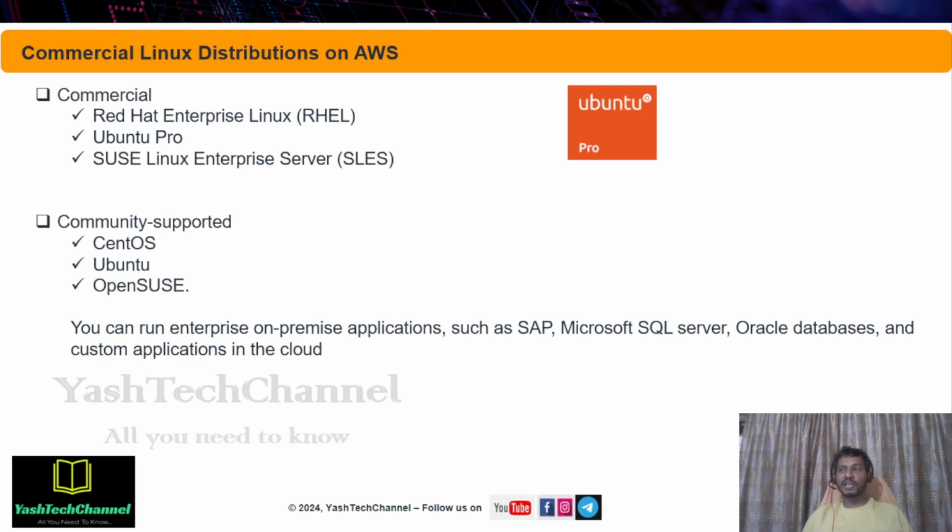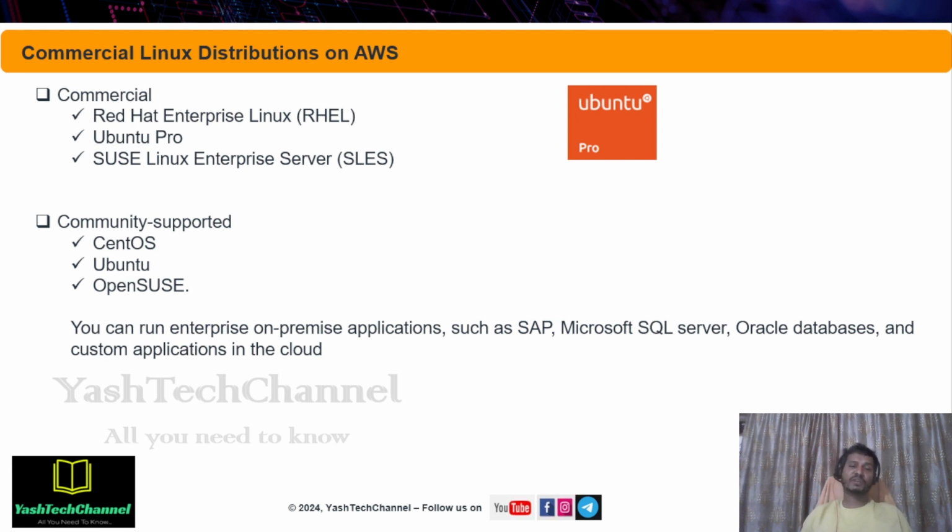So most of the time, if customers are investing heavily based on their workloads, then most architects always suggest Red Hat. But if the customer is not worried, I mean, their business is not that critical, they might go with lower operating systems, like maybe CentOS or OpenSUSE, or maybe Ubuntu.